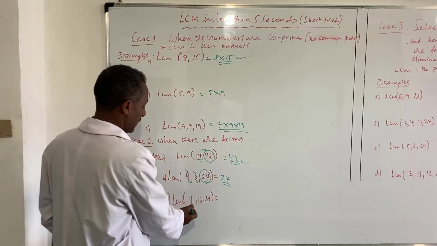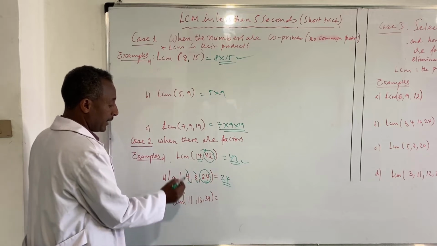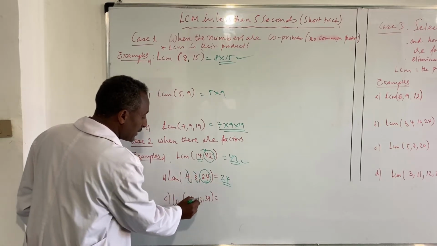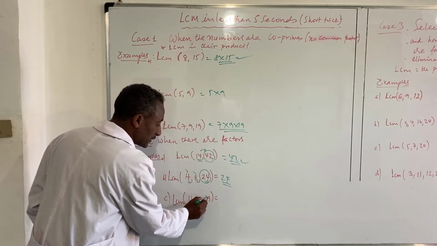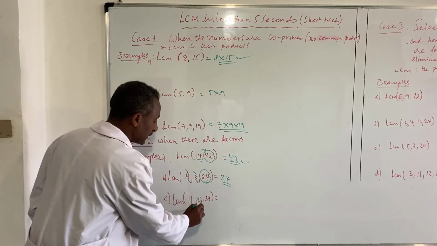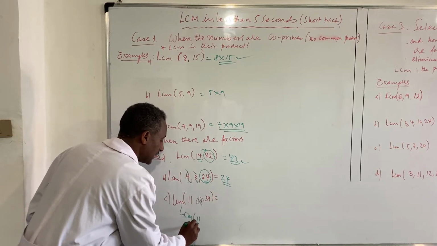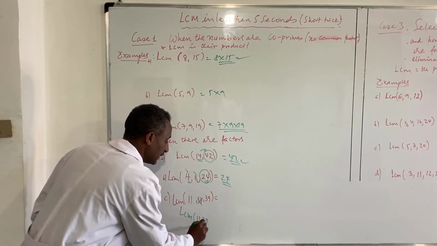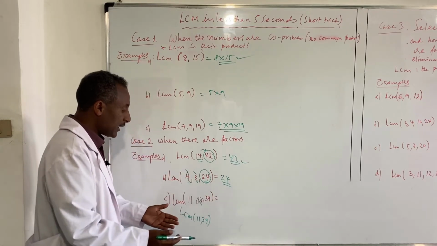Let us see here, 11, 13 and 39. Out of these three numbers, 13 is a factor of 39. So since 13 is a factor of 39, we eliminate 13, then LCM will be LCM of 11 and 39. But 11 and 39 are relatively prime.